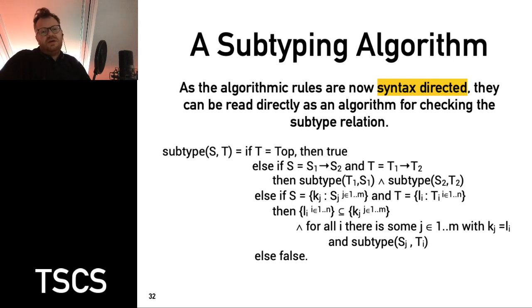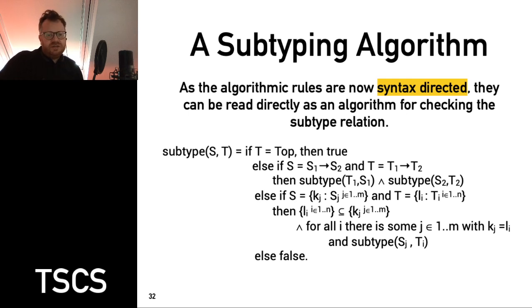So the first case, for the arrow rule, just recurses into subtype. So this will eventually terminate if subtype in general terminates. So we need to look out for that.